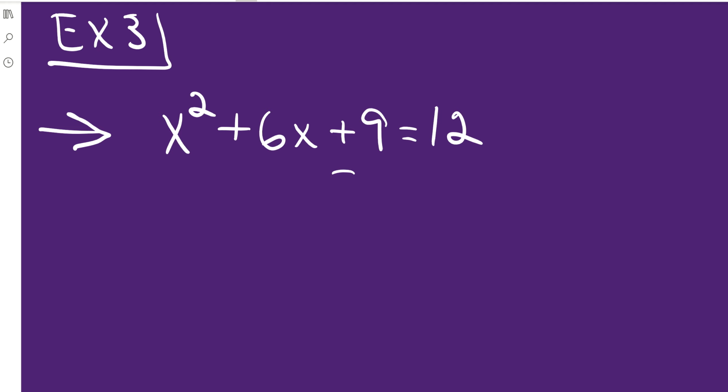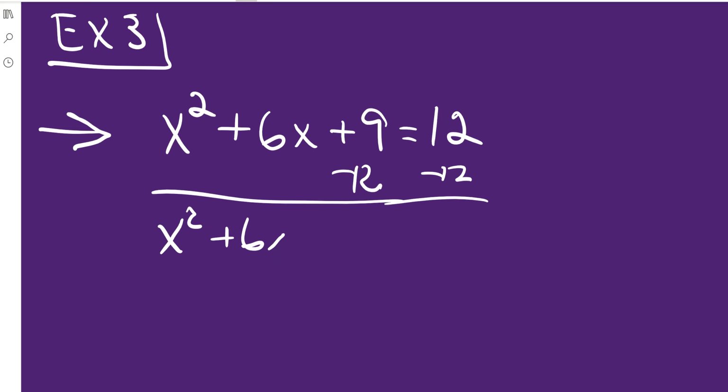If I subtract 12 on both sides, then I've got x squared plus 6x minus 3 equals 0. And then looking at this, well, what are you going to do with this? So that didn't work for me. Okay, granted. But now what they expect us to do is to recognize that trinomial. Is it a perfect square trinomial, first of all? And if it is, we're in luck.